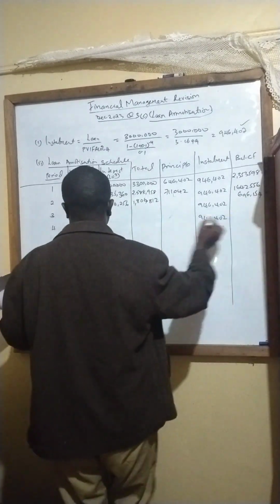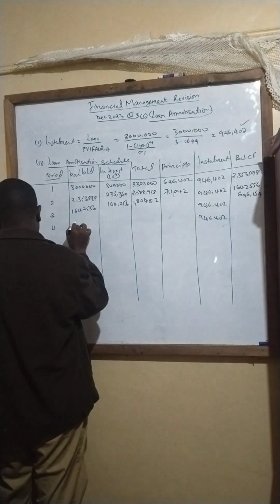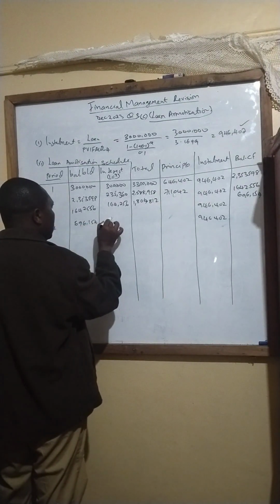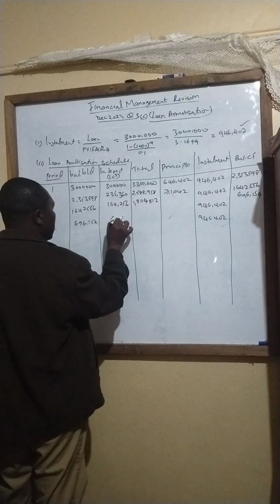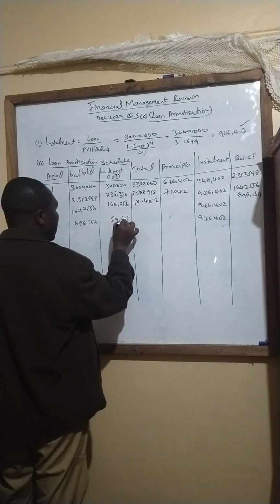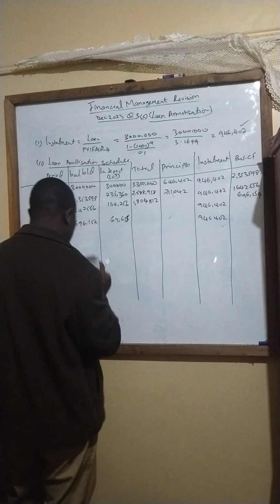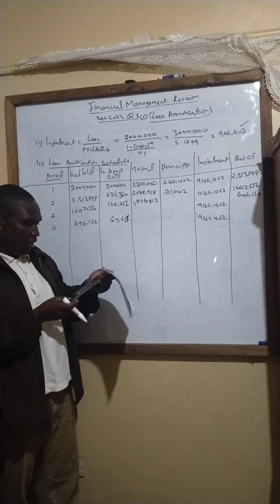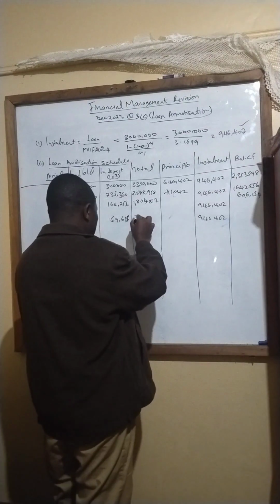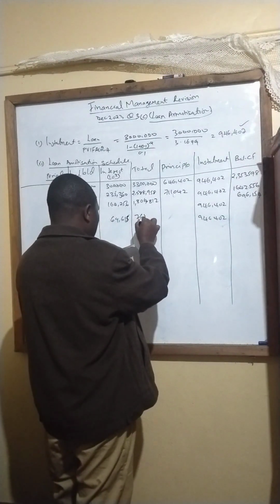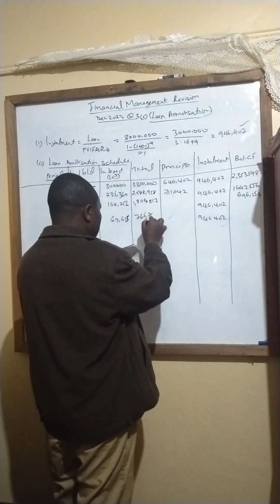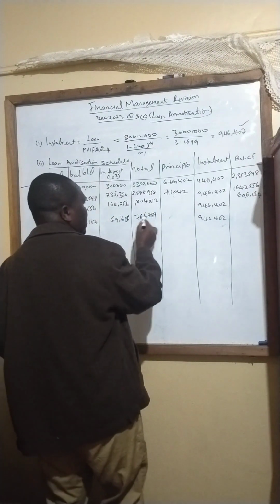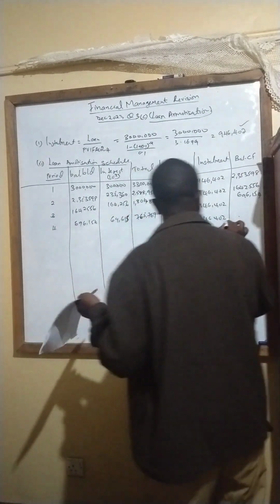It is the beginning here, 696,154. This one, 10% of it, is 69,615. So you add 69,615. Your answer here is 765,769. So if you minus this and this, it has to give you what?